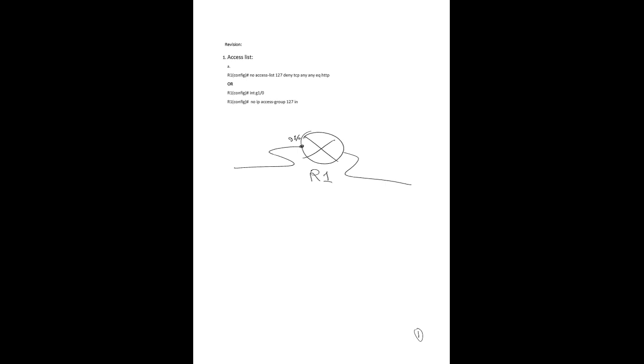Okay, here we have an example. Let's say we have this router 1 in the network, and we have applied an access list to the router at this interface G1/0. Now, if we want to remove this access list, what is the command to do that?